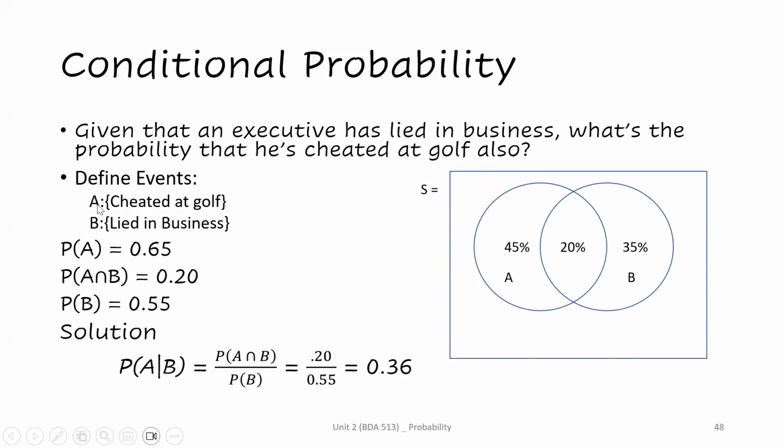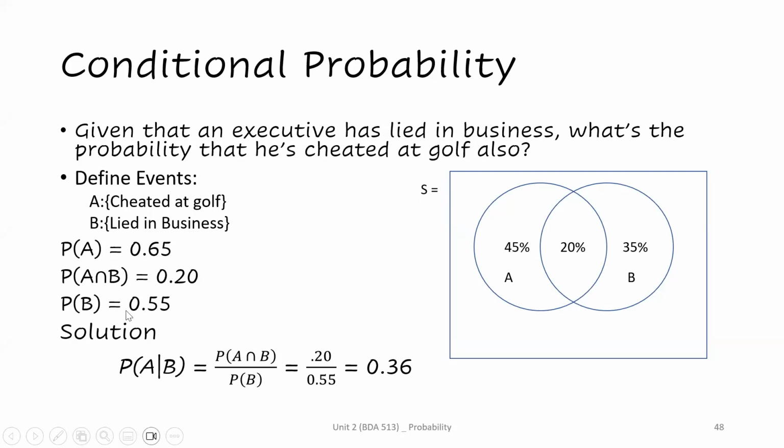So if we define A as cheated at golf, then this is our 65%. That's the 20 plus the 45. Is that not it? Yeah. And then our B is 55%. That is the remainder of this.